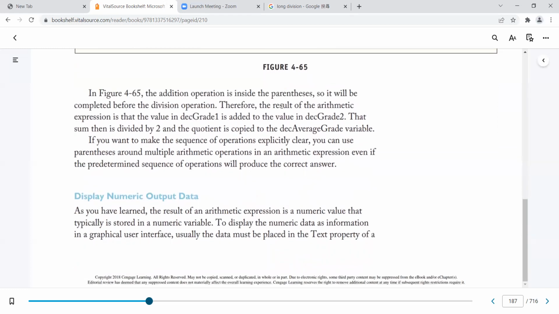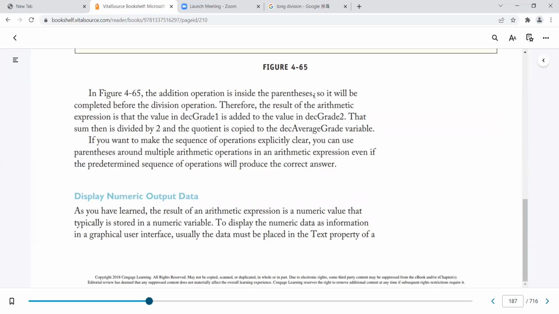Okay, so next part, how do I display the result? After we handle the calculations, we want to display our result on the screen. Whatever you want to display should be string type, because your result from the arithmetic operation is either an integer or a decimal. But how can we display the result in the user interface?